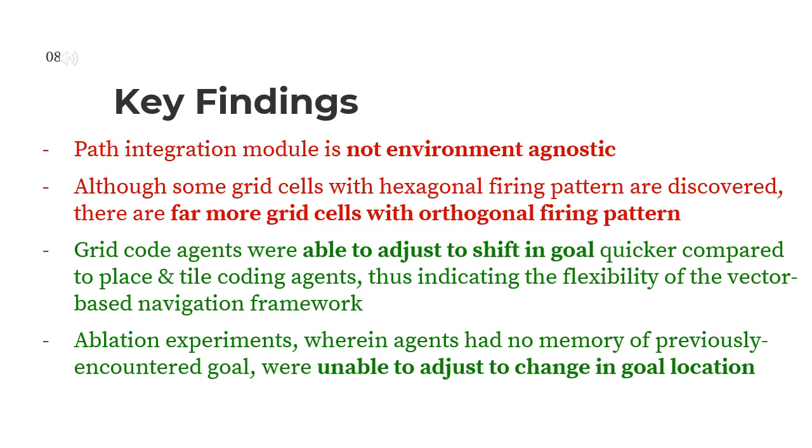Furthermore, we found that the grid code agents are able to adjust to a new shift in the goal position much quicker as compared to place cell agents and tile coding agents. This indicates the flexibility of the vector-based navigation framework. And finally, we did some ablation experiments where the agents had no memory of the previously encountered goal, and basically the agents were unable to adjust to new changes in the goal location.